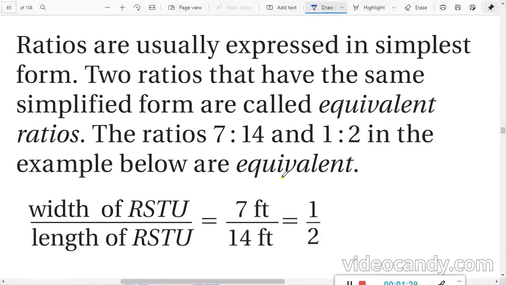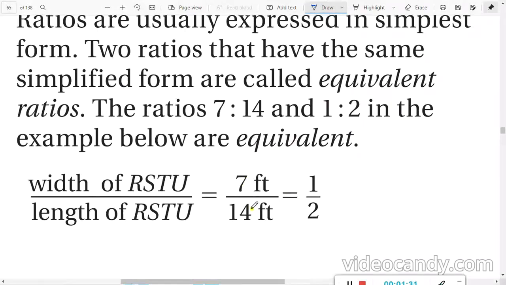So before I even look at the diagram, all they did here was reduce this fraction. Okay, if you take 7/14, dividing the top by 7, that's 1, and dividing the bottom by 7, that's 2. So that's all they did here, reduce the fraction.